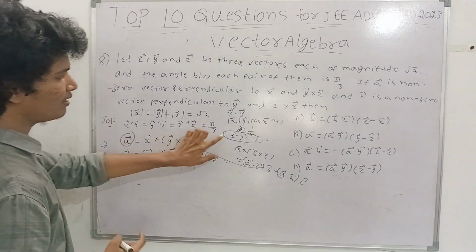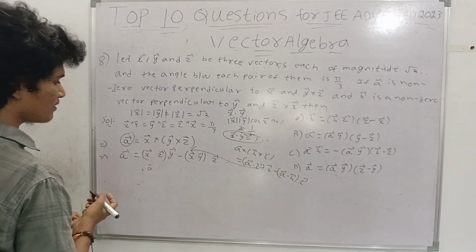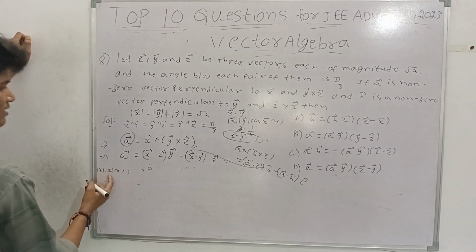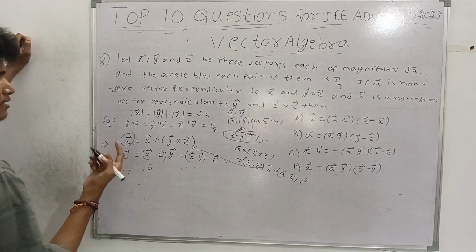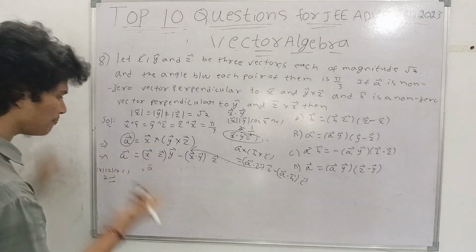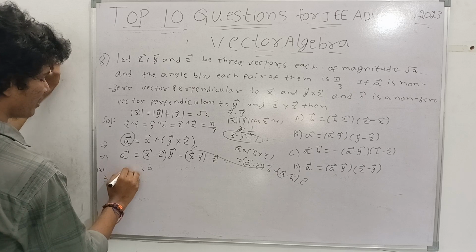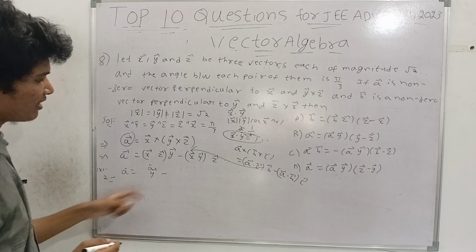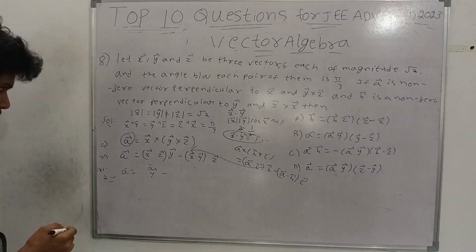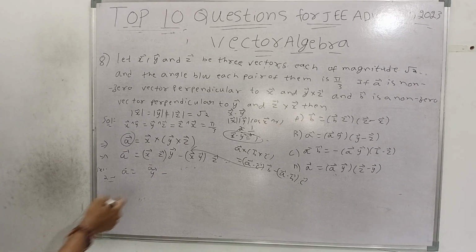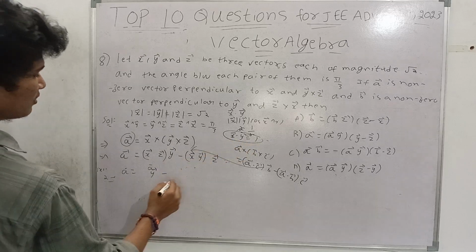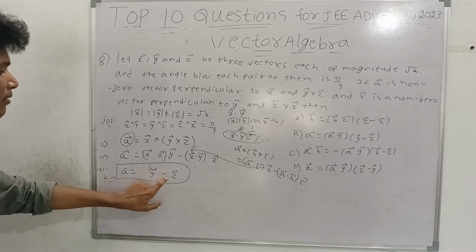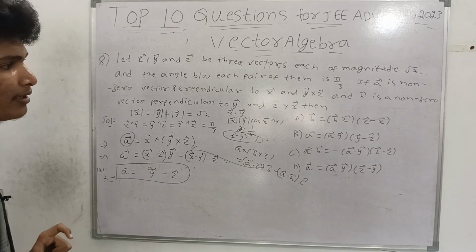What is x dot z? x dot y equals 1. x dot z is mod x mod z cos of angle between them. Mod x and mod z are root 2 each, so 2, and cos of angle pi by 3 is 1 by 2. Here it is simply 1. So a vector equals 1 into y vector, that is simply y vector, minus, x dot y we found 1, so simply z. So a vector equals y minus z vector.